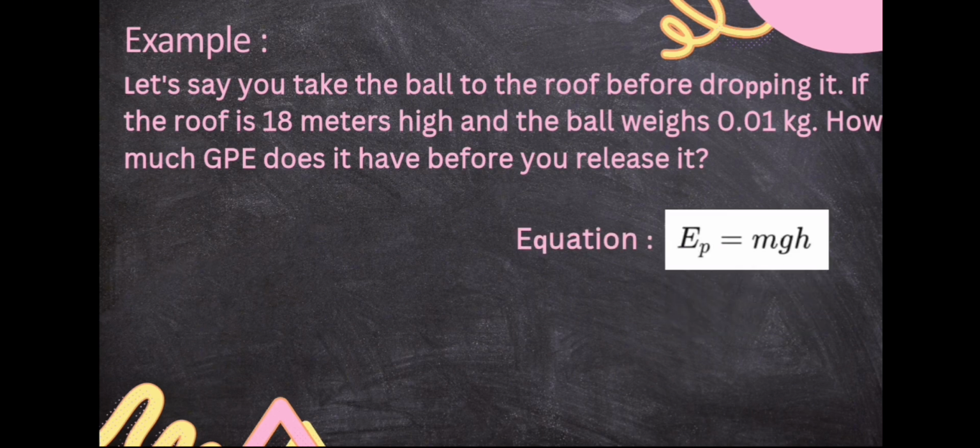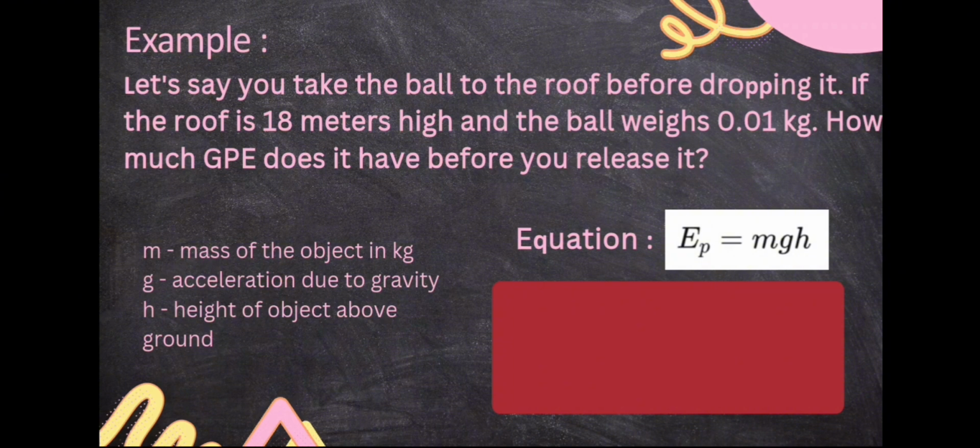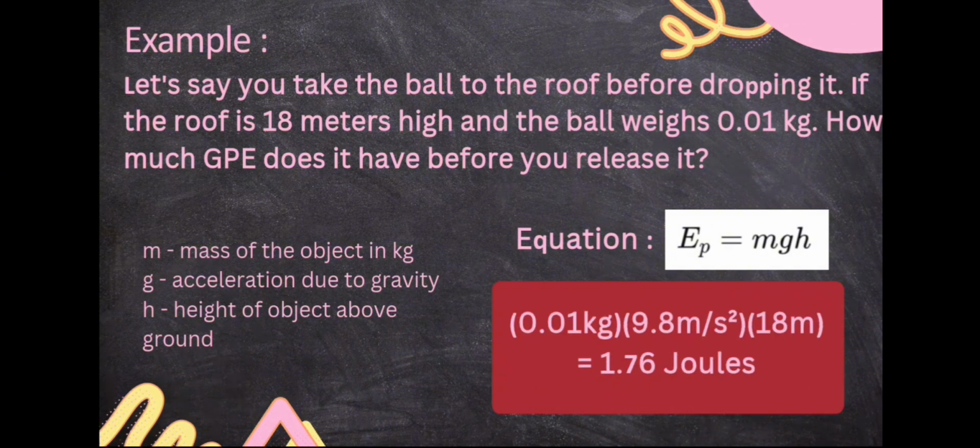The equation is GPE equals mgh, where m is the mass of the object in kg, g is the acceleration due to gravity, and h is the height of the object above ground. So we have 0.01 kg as the mass, 9.8 meters per second squared as the acceleration due to gravity, and 18 meters as the height. So it is equal to 1.76 joules.